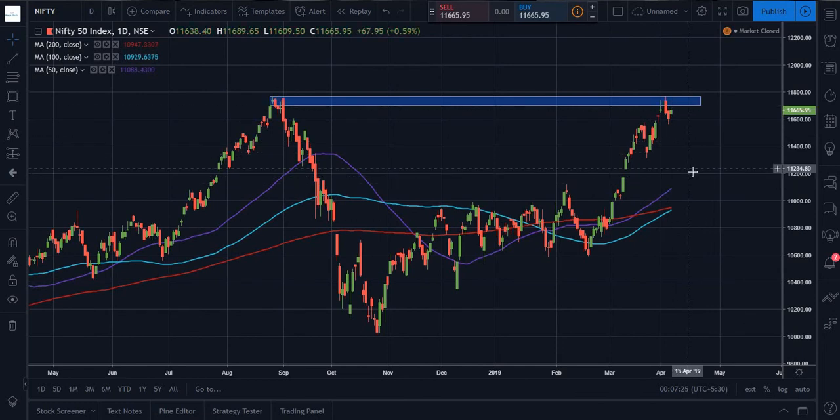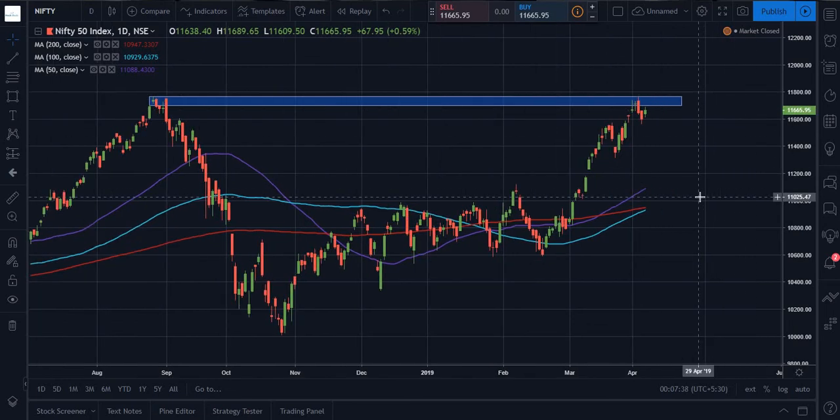Now the second point: since the moving averages are slightly far away from the price, the possibility is that the price can start coming towards the moving average, take support, and then start its next leg. So this is another possibility.